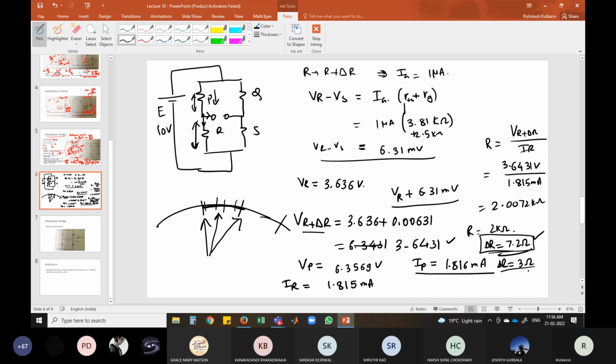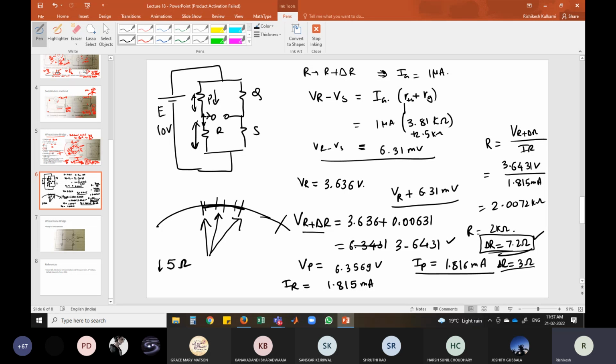Wheatstone bridge is very popular and has a very wide range of resistance measurement. However, it is mentioned in the literature that resistance values below 5 ohms are not accurately measured by the Wheatstone bridge. You have to modify it, which we'll discuss in the next class.